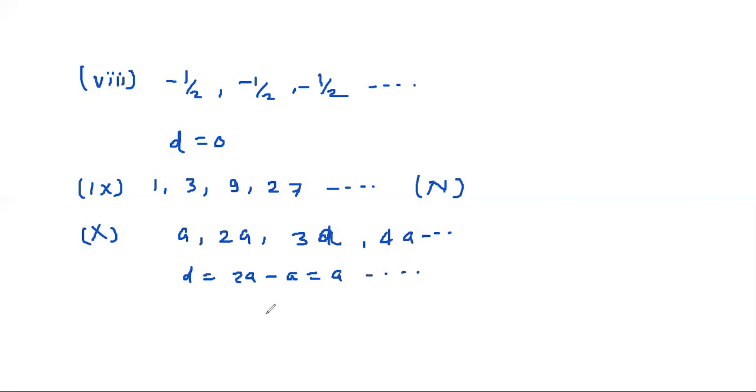So next terms will be 5A, 6A, 7A, etc. Let's go to next part. So next part is a, a square, a cube, etc. It is not an AP because common difference will not be constant.